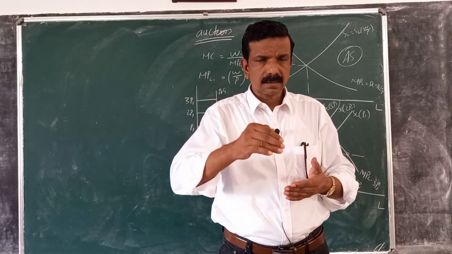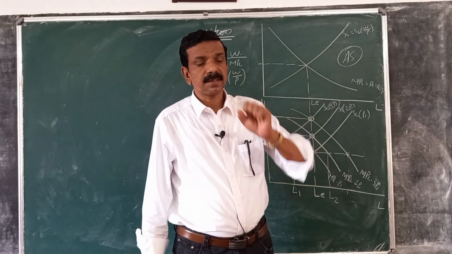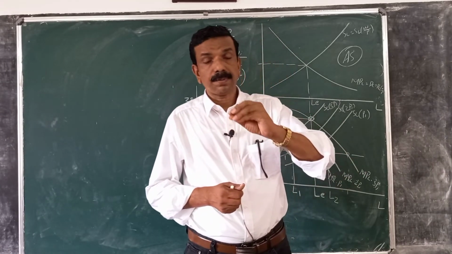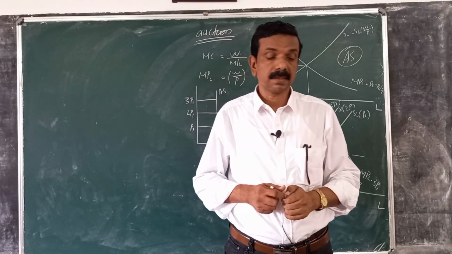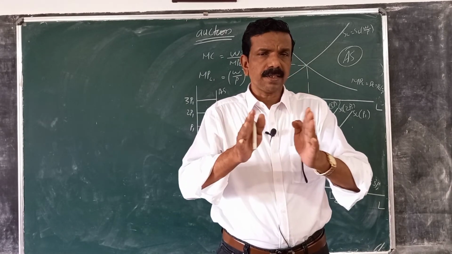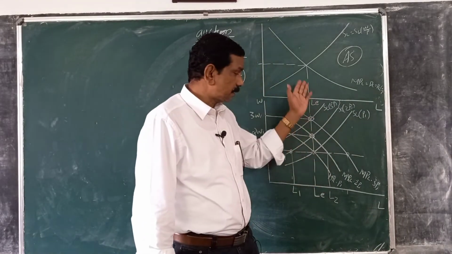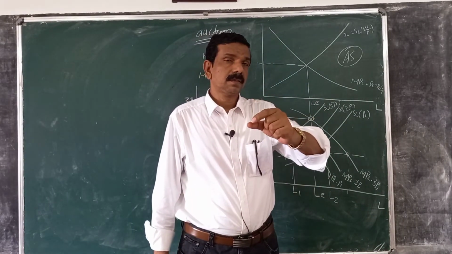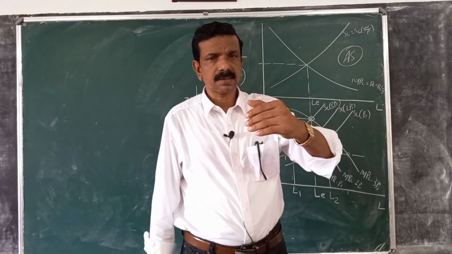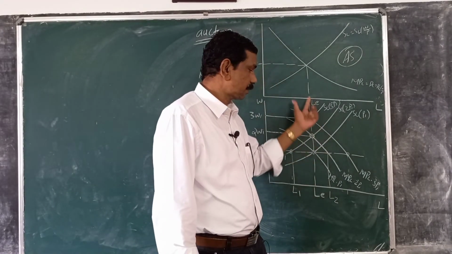And for getting this result, there are two implicit assumptions in the classical labor market. One is perfectly flexible prices and wages. If and only if prices and wages are perfectly flexible will you get this result. A second is that all the market participants have full information about market prices.